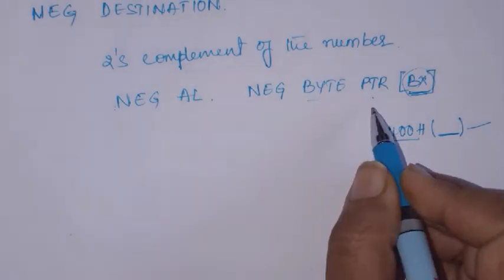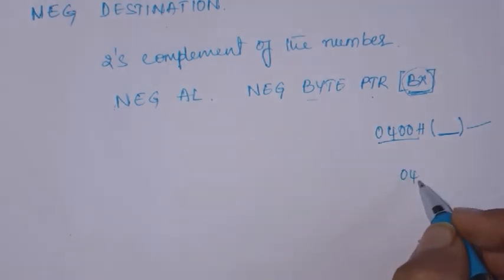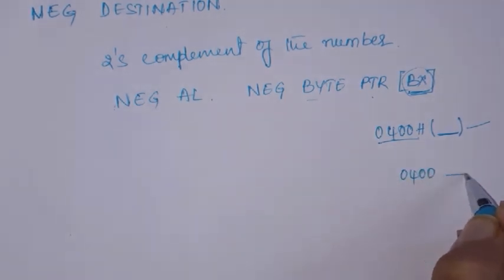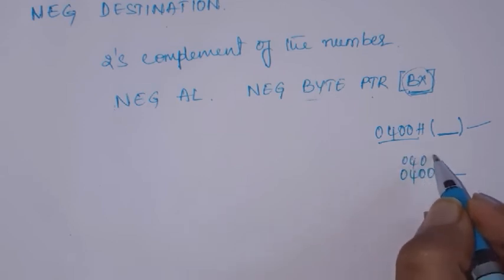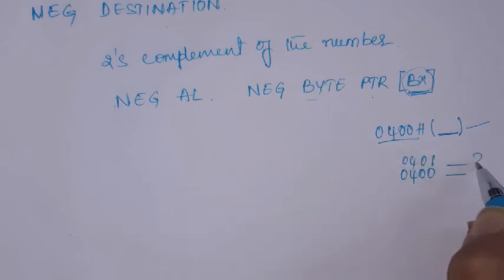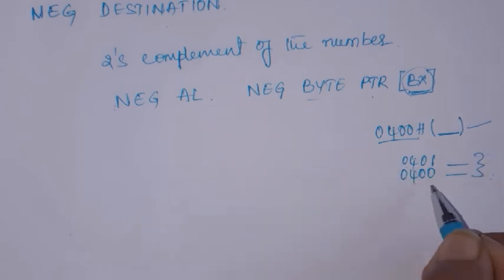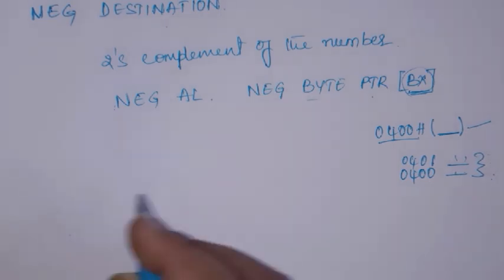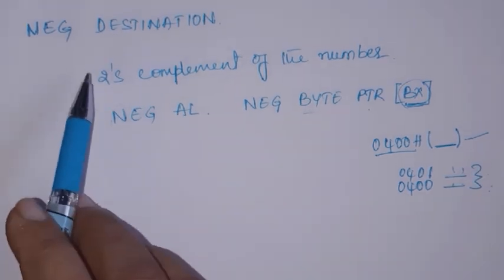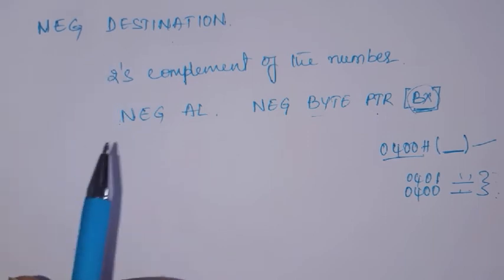If it is a word pointer, it takes 2 bytes, 1 byte from 0400, the second byte from 0401, and these 2 bytes, that is one word, are negated. 2's complement of this word is performed and placed in the locations. Okay, so this is the operation performed with the negate instruction.